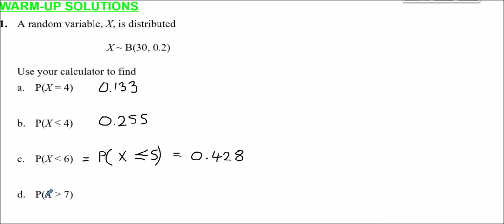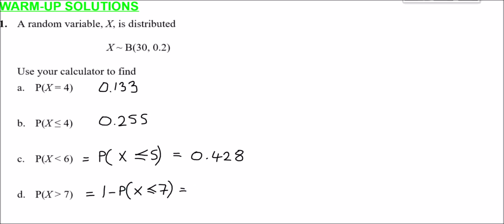The last one, for probability that X is greater than 7. Again, we need to rewrite this. This is the same as saying it's 1, subtract the probability that X is equal to or less than 7. If we take away the probabilities of X being equal or less than 7, we're left necessarily then with a probability of X being 8, 9, 10, all the way up to 30.